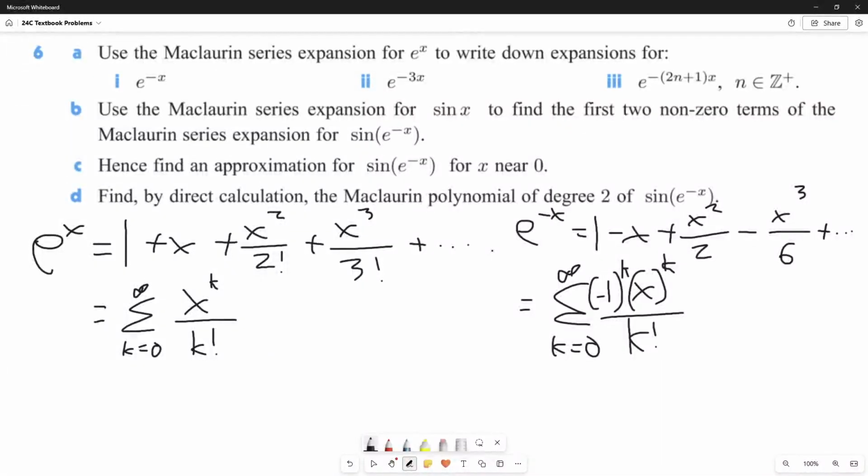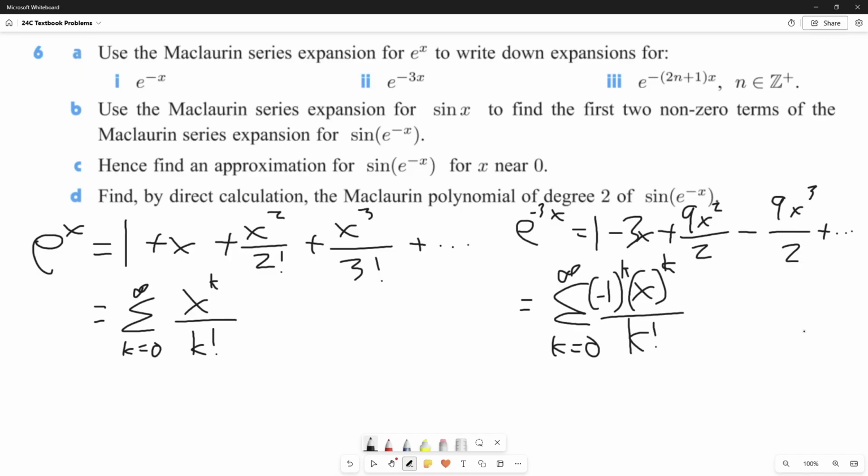Part 2 says e to the negative 3x, and we can use part 1 for this because e to the negative x is closer to e to the negative 3x than e to the x is. So we just replace negative x with negative 3x, and then we change this x to minus 3x, this x squared into 9x squared, and this x cubed into 27x cubed, and this can actually be simplified into 9 over 2 x cubed.